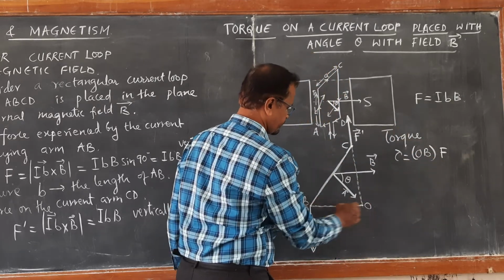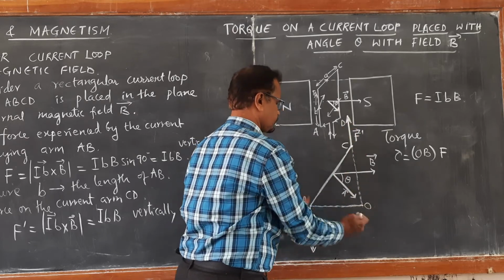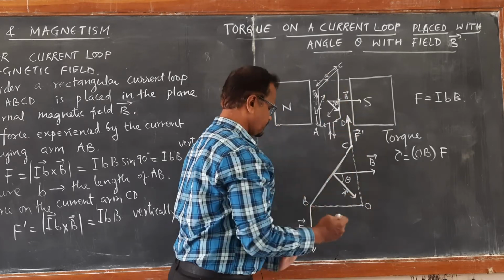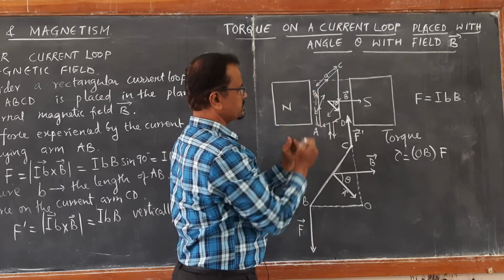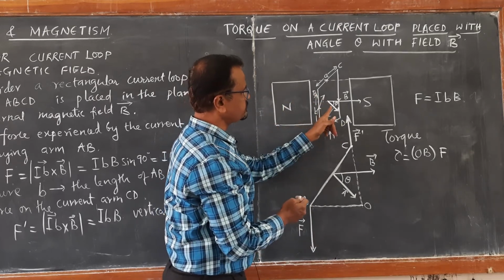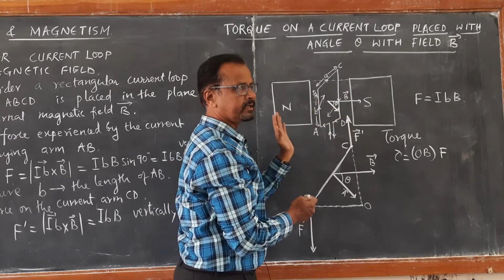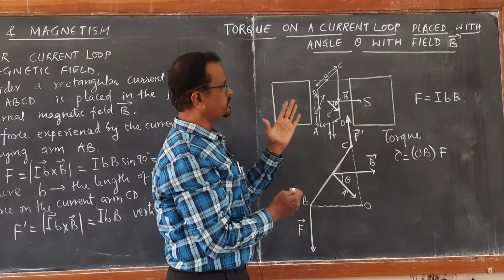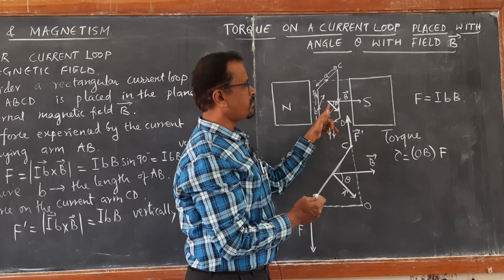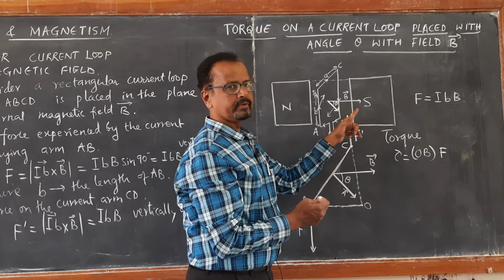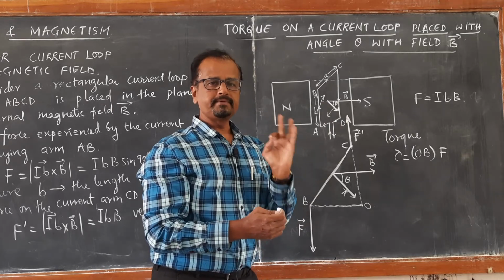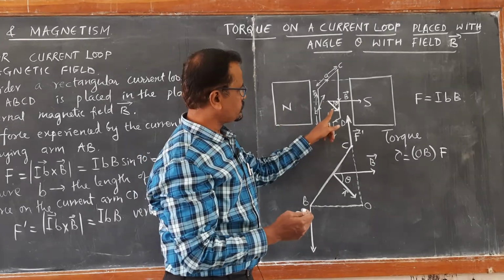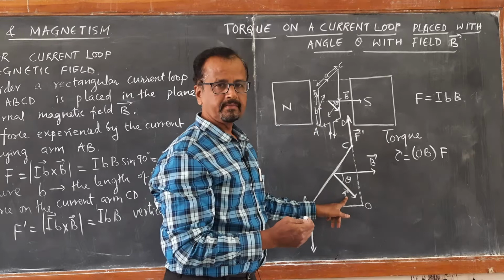To calculate the perpendicular distance separating these two forces: one force is upward, another is downward, which tends to rotate this plane like this. And the plane is making a certain angle theta with the magnetic field. I told you that the plane making angle theta is the same as the normal drawn to the plane making a certain angle theta with the magnetic field. The normal drawn to the plane represents the area vector, which I have shown as the A vector.